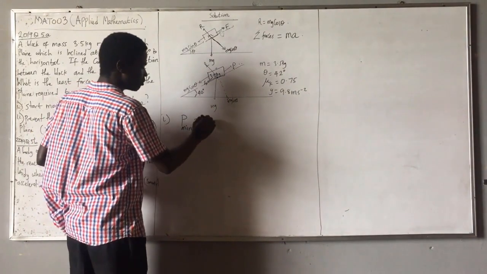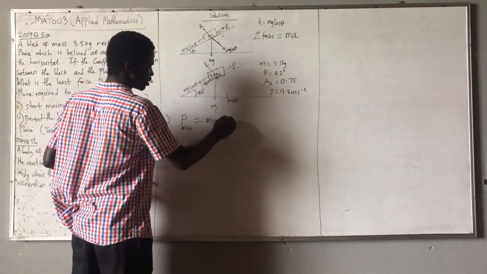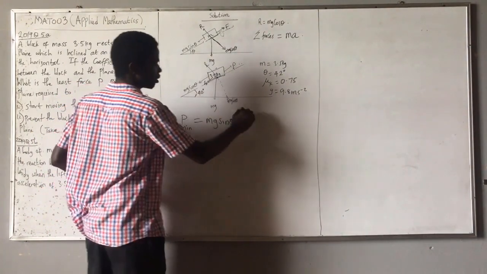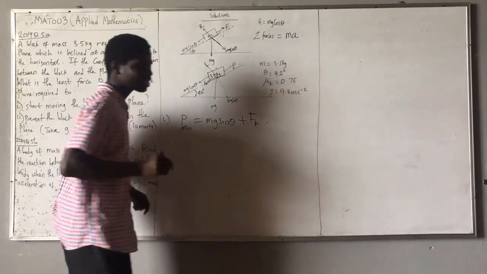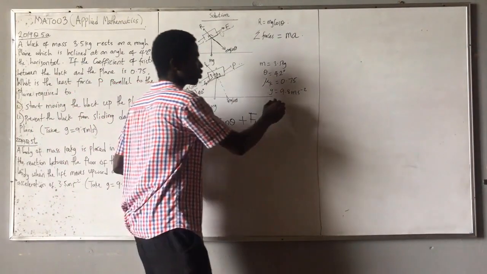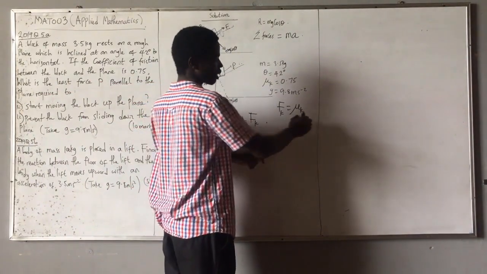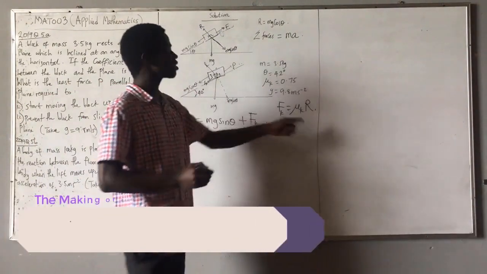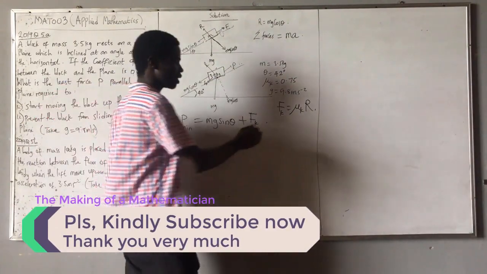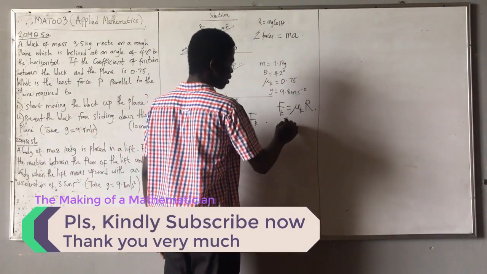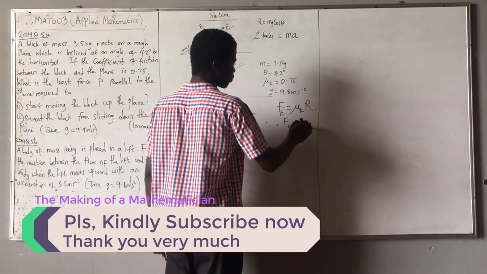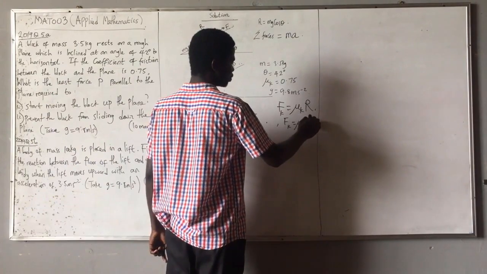So that means mg sine theta plus the frictional force. But what is frictional force? Frictional force is actually coefficient of friction times what? The normal reaction. What is normal reaction? Mg. So that means frictional force is equal to coefficient of friction mg.